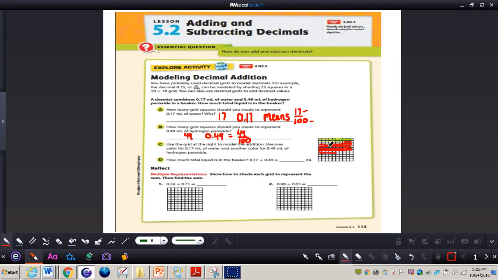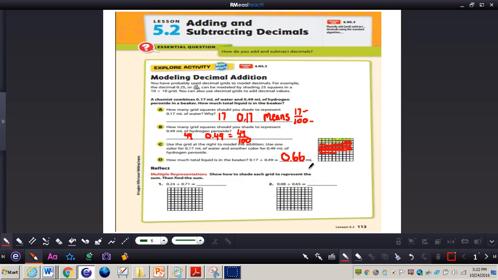Okay, so from this, what we can see is there are 66 squares shaded in. So the total liquid in the beaker is 17 hundredths plus 49 hundredths equals 66 hundredths milliliters. You can write that in as well.